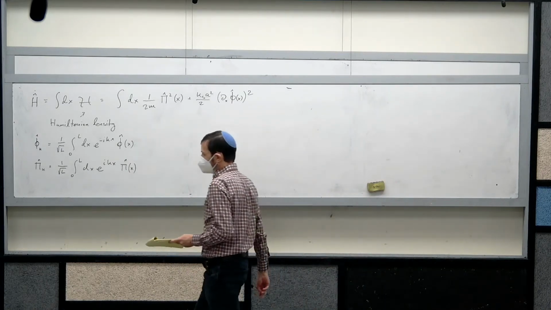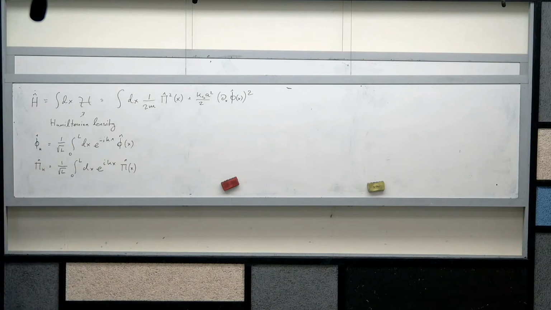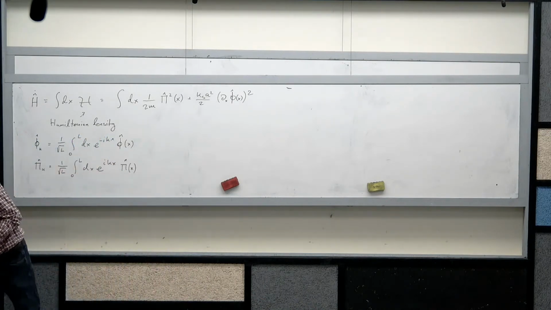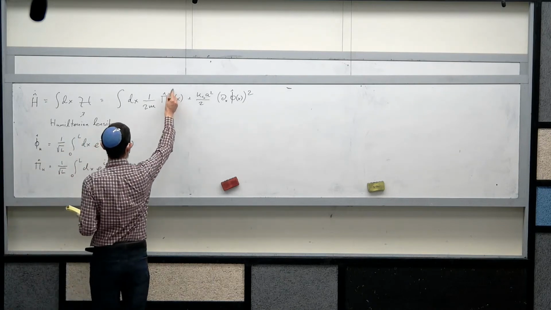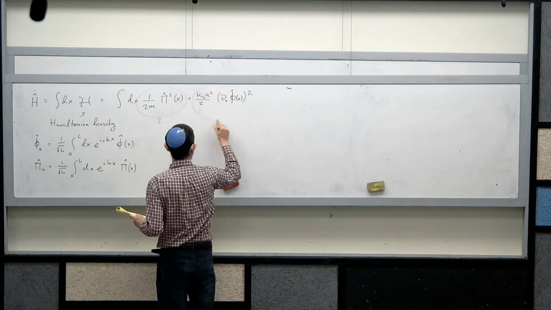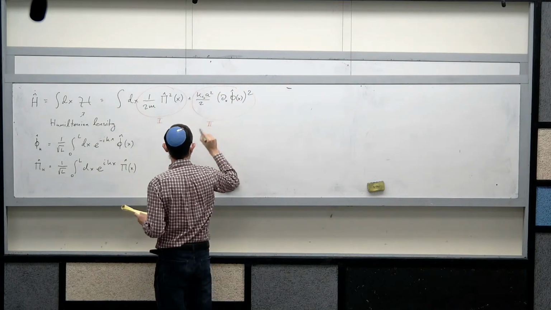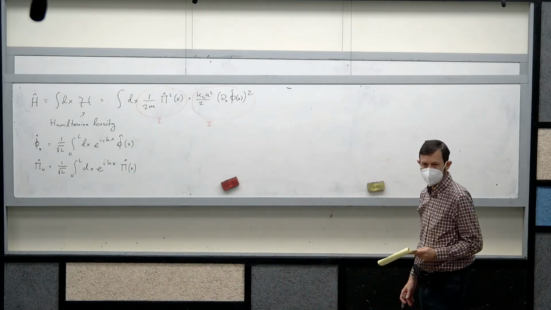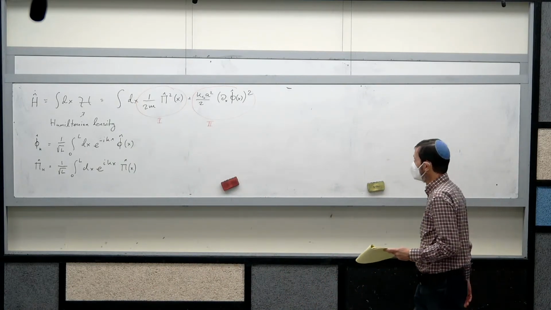So what we are going to do now is simply take the two parts of this Hamiltonian and Fourier transform them. Nothing more, nothing less.